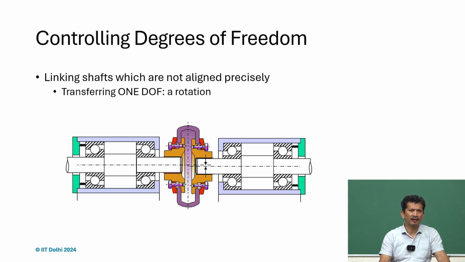So, let us stop here. We will continue with more examples talking about different kinds of coupling and how we can provide a rotational constraint.